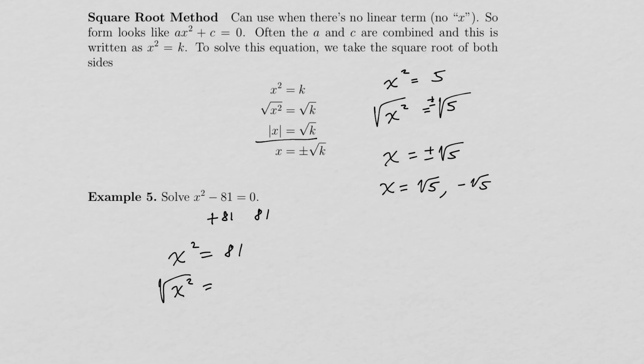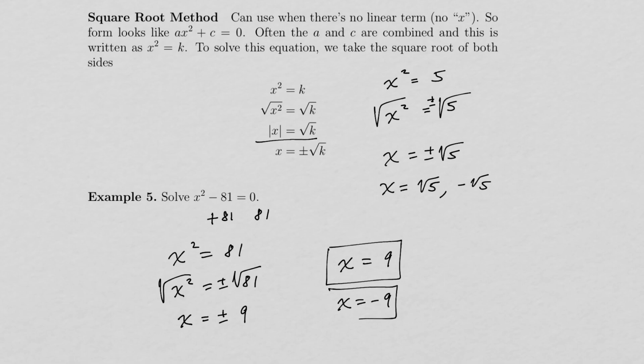But when I take the square root, I have to account for the fact that it could be positive or negative. And it just so happens that 81 is a perfect square, so the square root of 81 is just 9. So then my two solutions are x equals positive 9 and x equals negative 9. Or you could just leave it like this, plus or minus 9, and that means x equals positive 9, x equals negative 9.